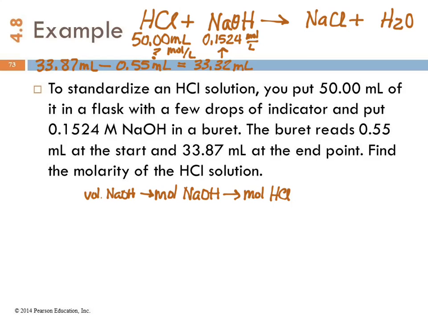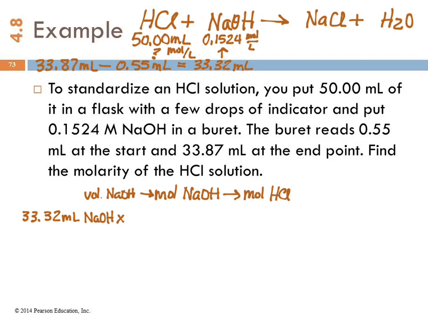So let's start. We're going to start with the 33 point, I can't see my own writing, 32 milliliters of NaOH. I'm going to ignore that milli for now. I have an inkling of what's going to happen later because I've actually used this slide before.